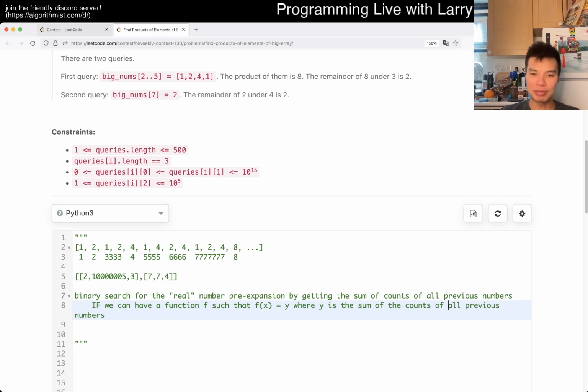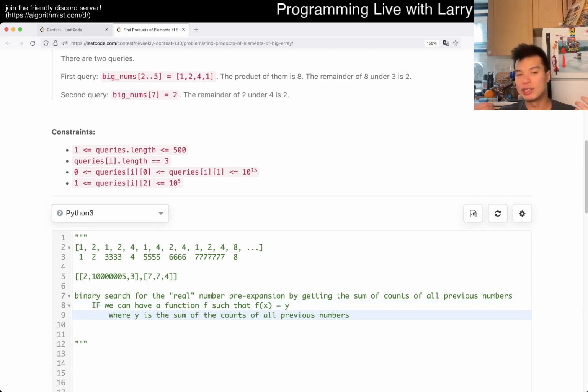So then now we have this function, we can binary search. So now we reduce this problem to binary searching for this, right?